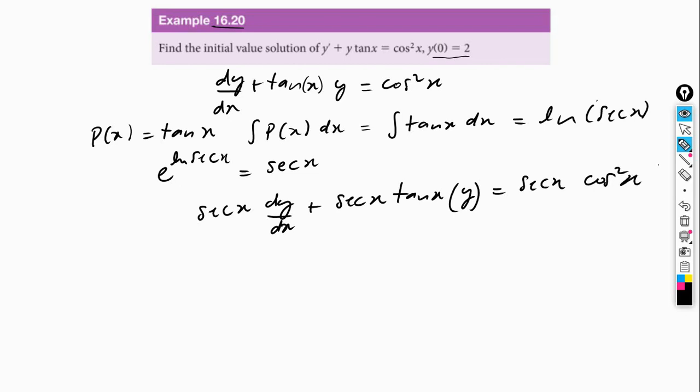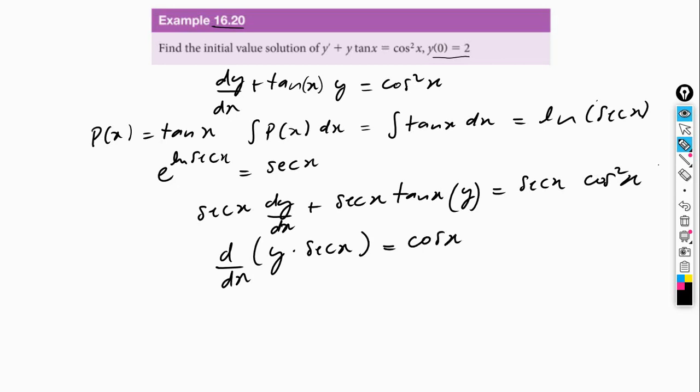So on the left-hand side, what we have really is, again, the product rule, in this case for secant of x times y, the derivative of secant of x times y. So let's write that here. Dx of y times secant of x is equal to cosine of x, right?